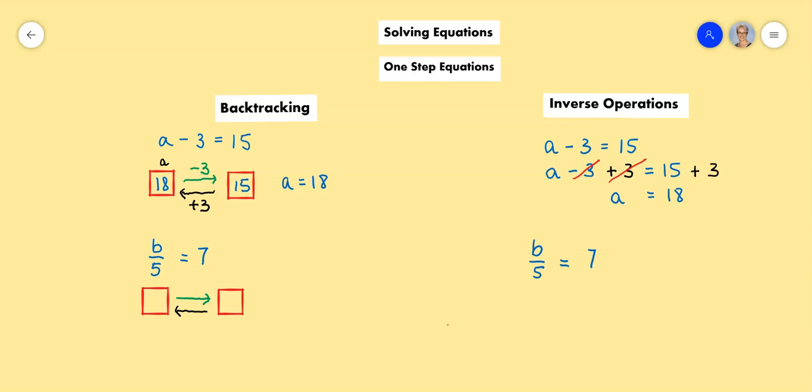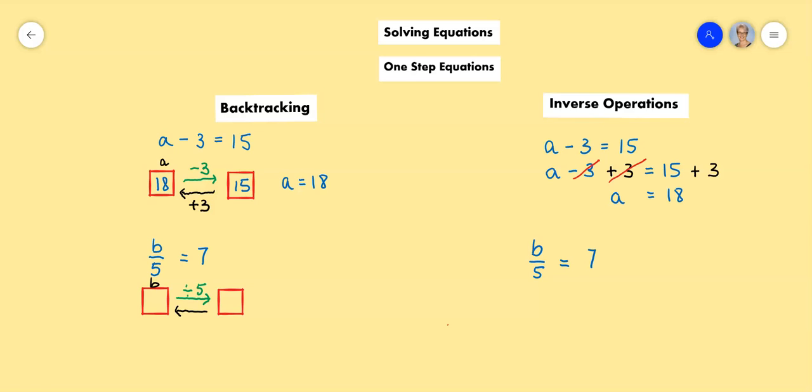Let's look at the last equation. We have b over 5 equals 7. Now remember, when you see a pronumeral and a line underneath it and a number like this, it means division. So this is b divided by 5 is equal to 7. So we're going to divide b by 5. And remember, b is the unknown in this box.